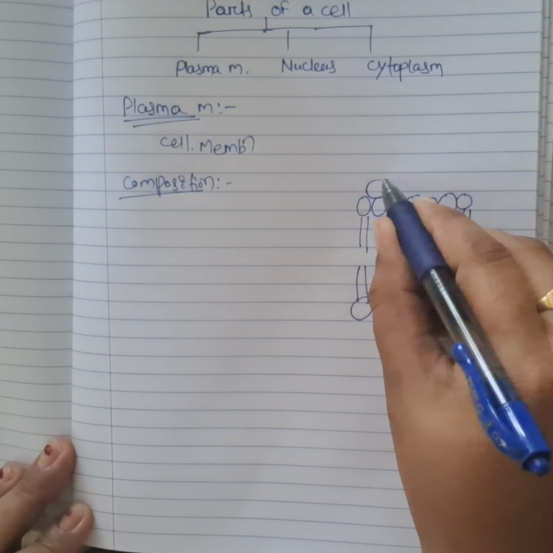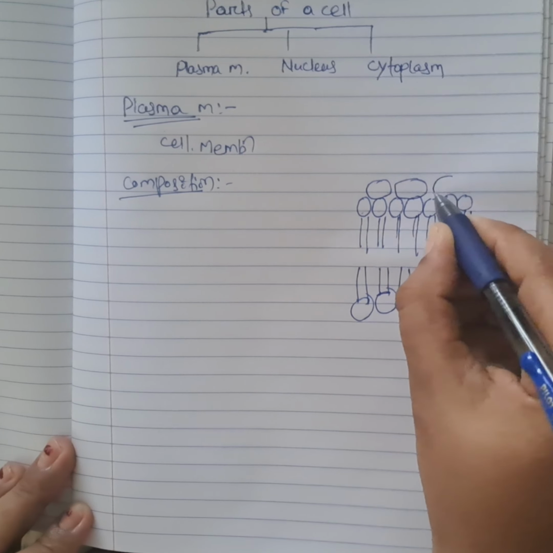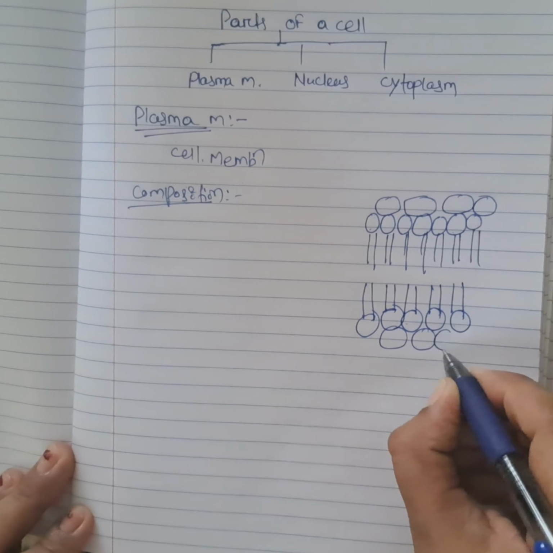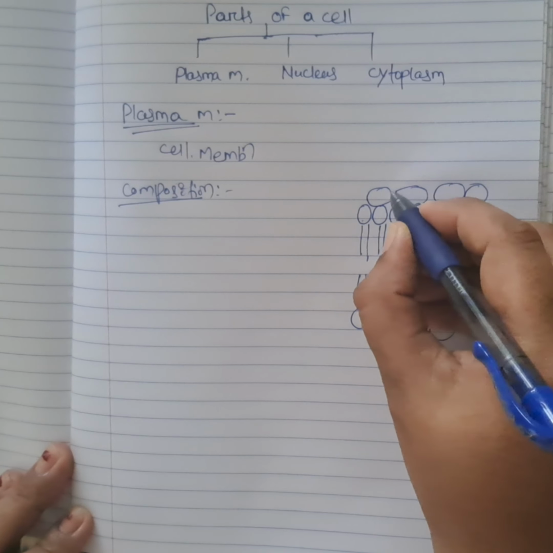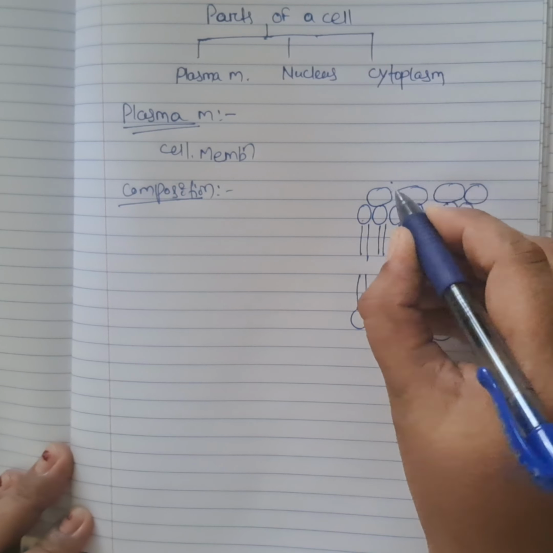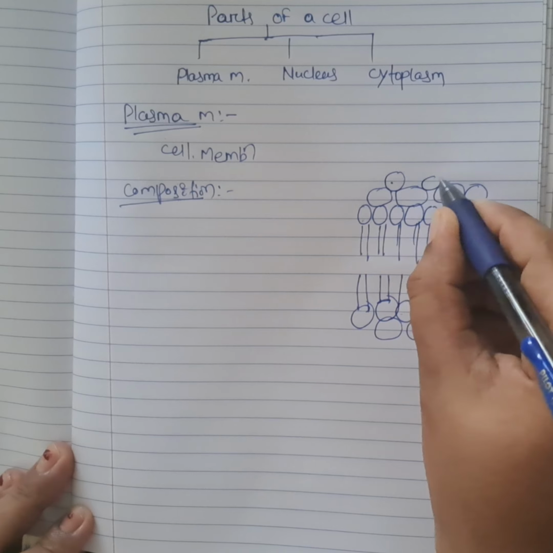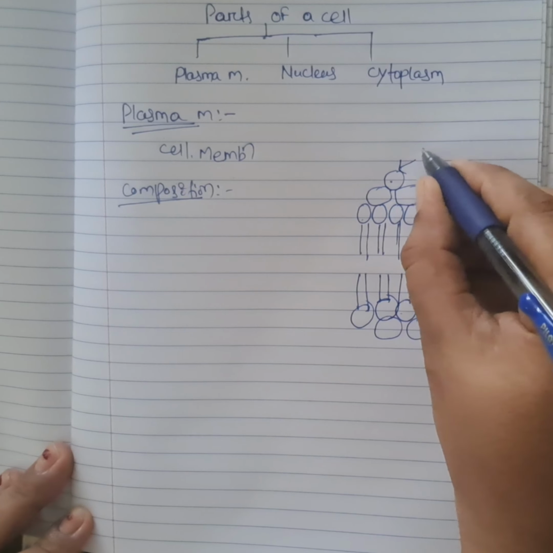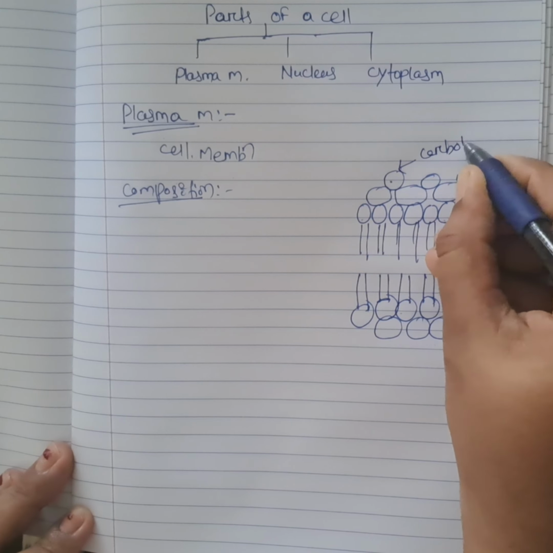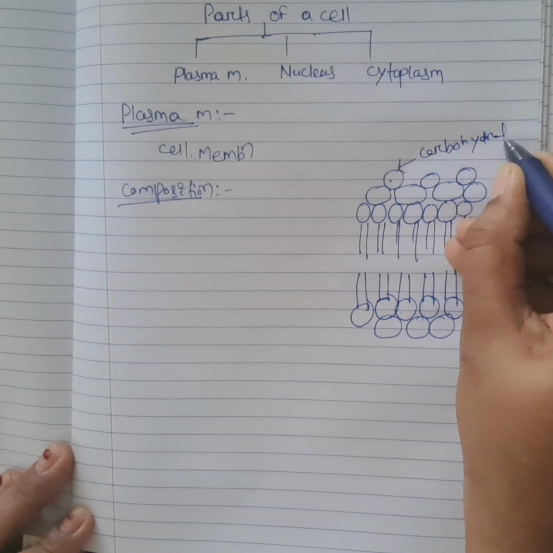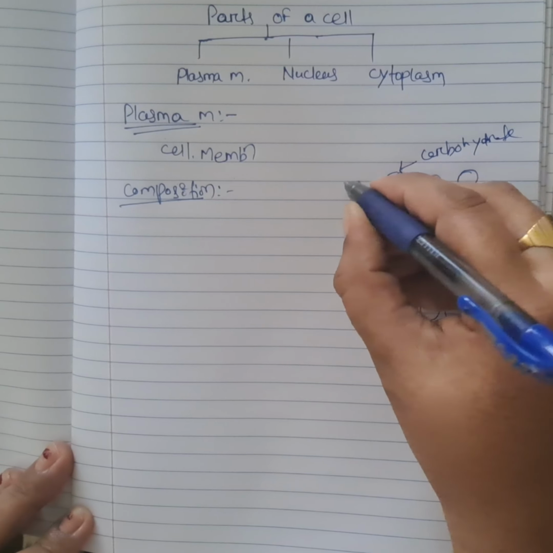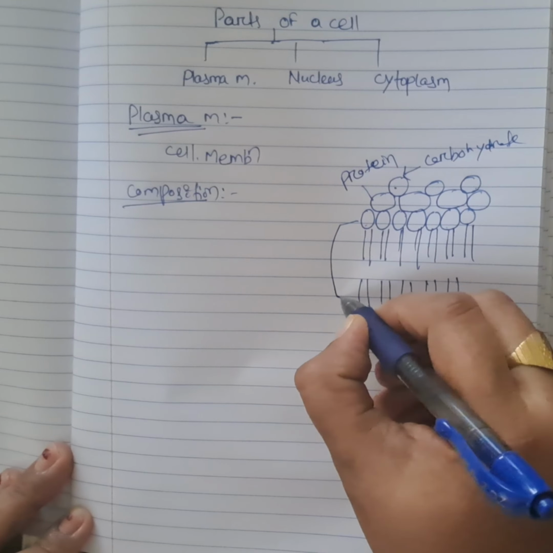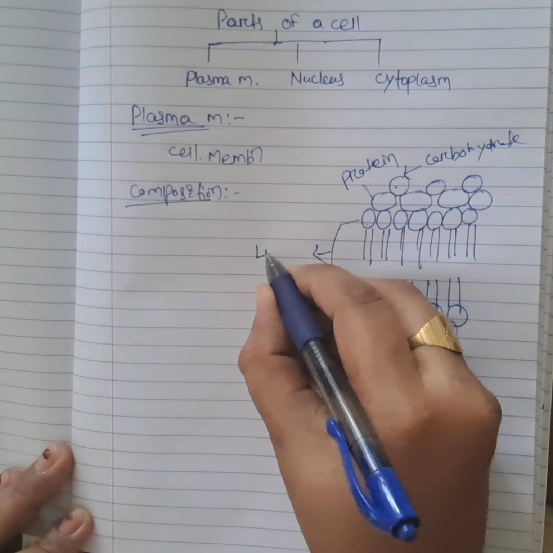And here the proteins are present. And after the protein, carbohydrates are present. These are carbohydrates. These are protein molecules. And these are the lipid bilayer.